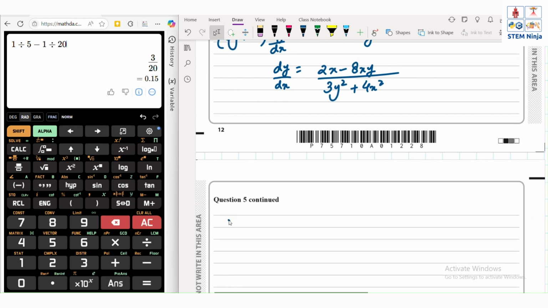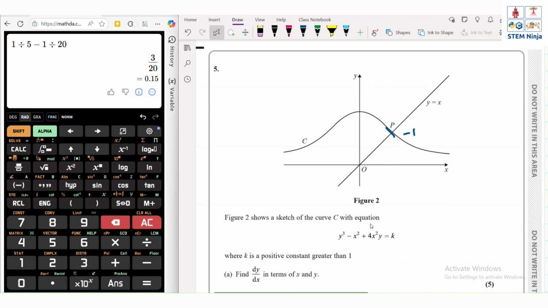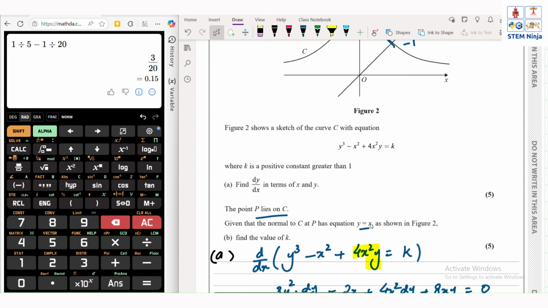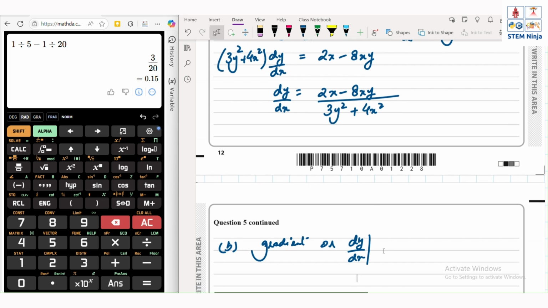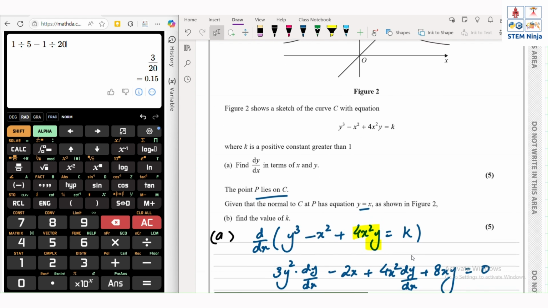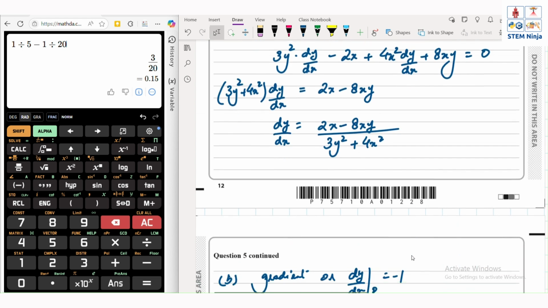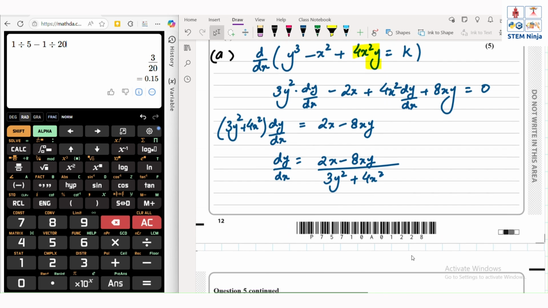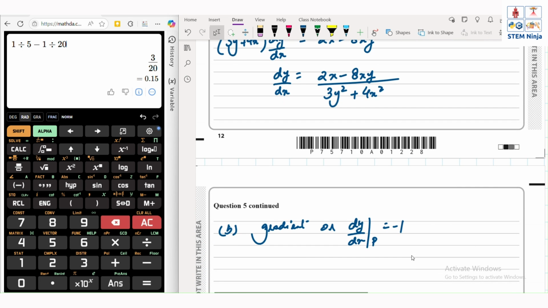So dy by dx at P is minus 1. So we need to figure out where dy by dx is minus 1. First we will find out the coordinate.